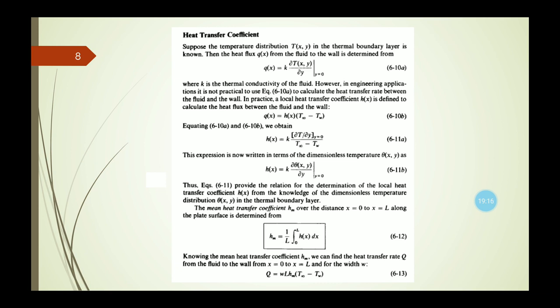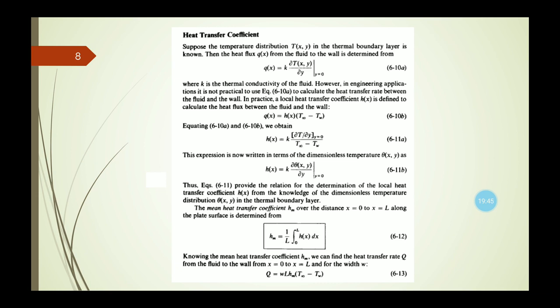Now in any engineering application it is not practical to use this equation 6.10a to calculate the heat transfer rate between the fluid and the wall. So in practice, a local convective heat transfer coefficient hx is defined to calculate the heat flux between the fluid and the wall.